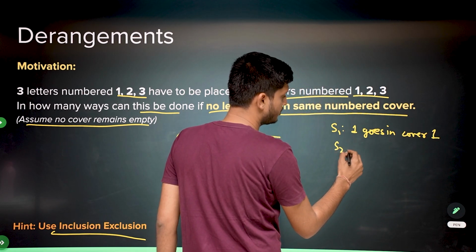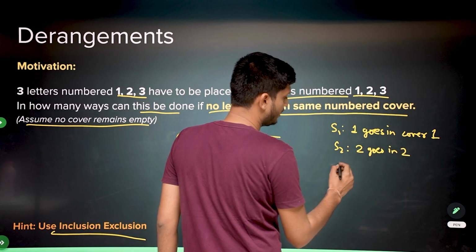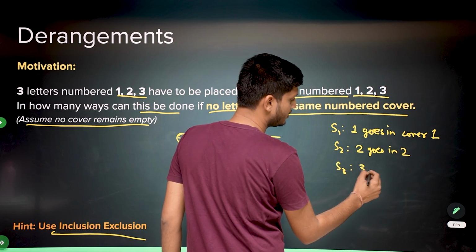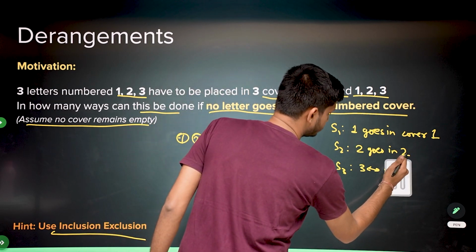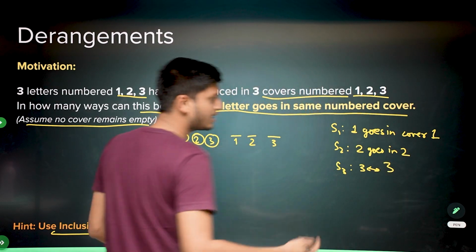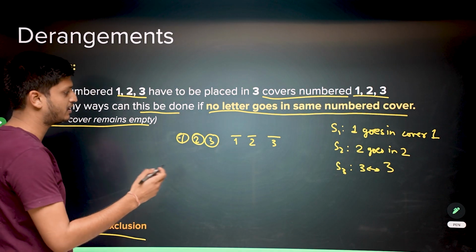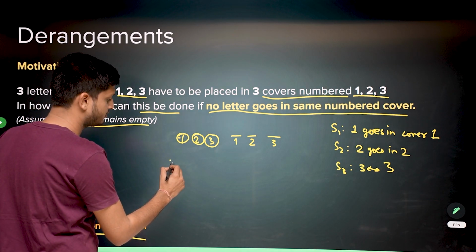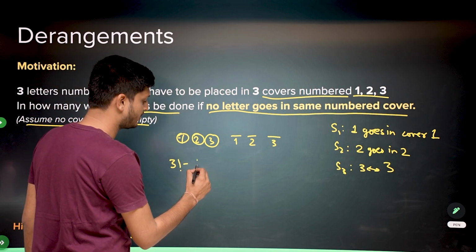Similarly, S2 is letter 2 goes in 2. And set S3 is 3 goes in 3. Okay. Again, it's a symmetrical problem. So how many total arrangements are there? There are 3 factorial, which is 6 arrangements. There are 3 factorial total arrangements, and we will subtract S1, S2 and S3.